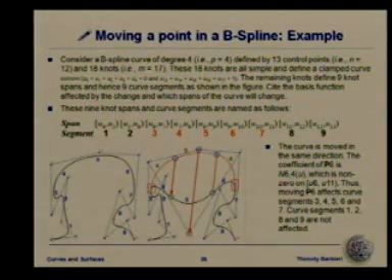You have changes. But these spans over here do not change. So you have attained one of your goals, that is to localize modifications given by moving one control point. And this actually gives you more flexibility, more geometric response to your user.